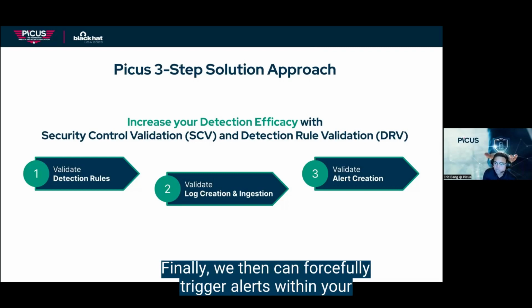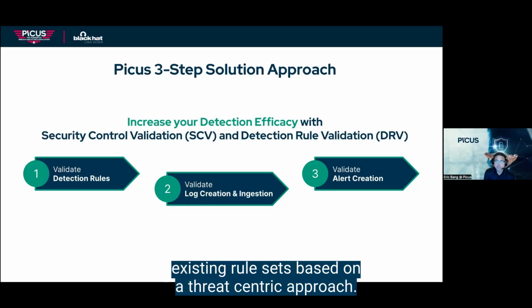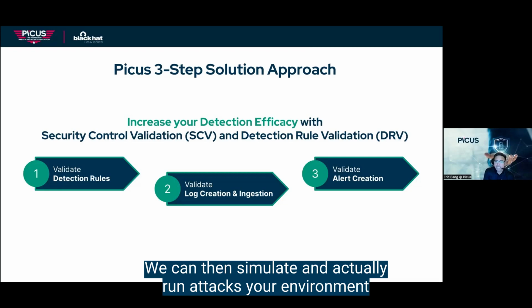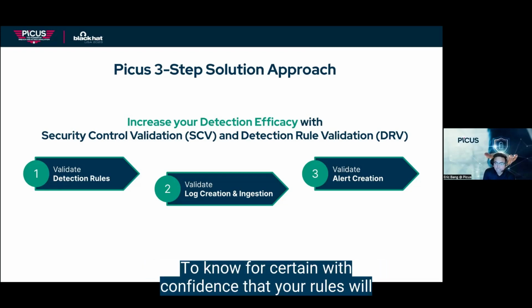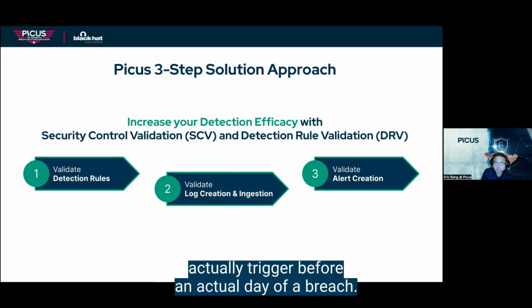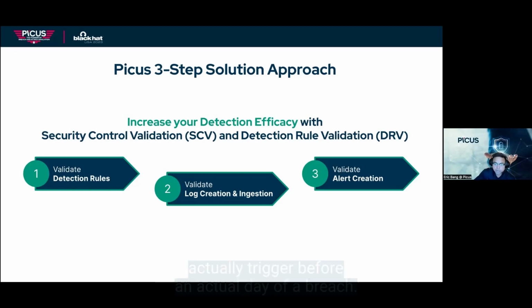Finally, we can forcefully trigger alerts within your existing rule sets based on a threat-centric approach. We can simulate and run attacks in your environment to know for certain, with confidence, that your rules will trigger before an actual day of a breach.